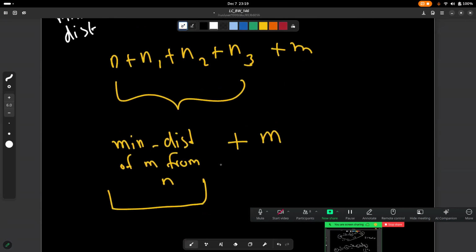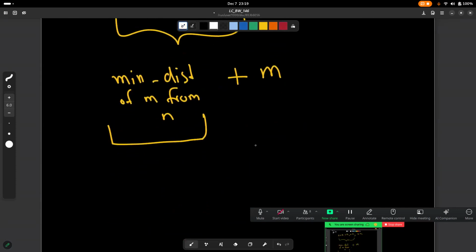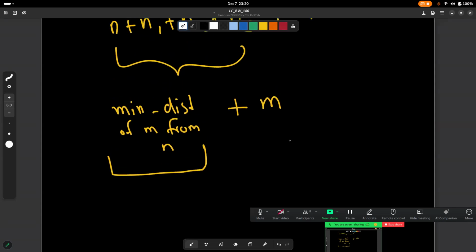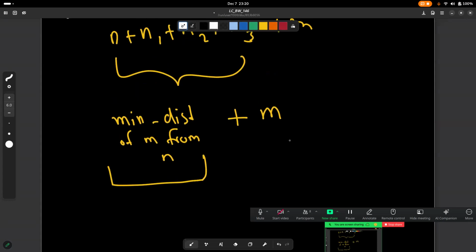So this was the major idea behind solving this problem. First you represent the problem as a graph. You represent each number as a node in the graph. Then for each transition, you consider the edge and appropriately assign weights to that edge. There are multiple ways to assign weights; what I said was one of the possible ways. But you have to assign them in such a way that you can use the minimum distance of n from m and do some operations to it.